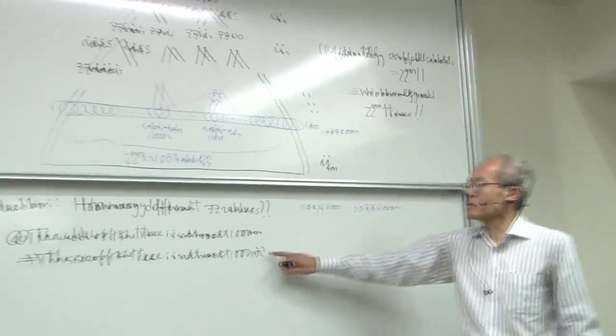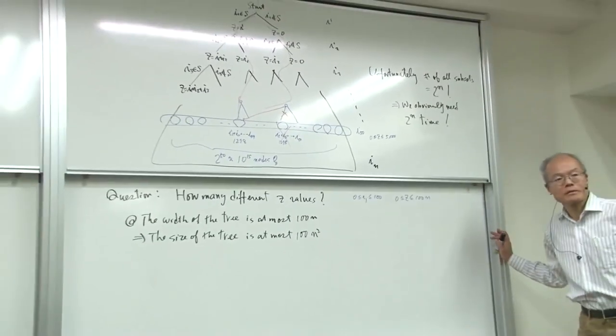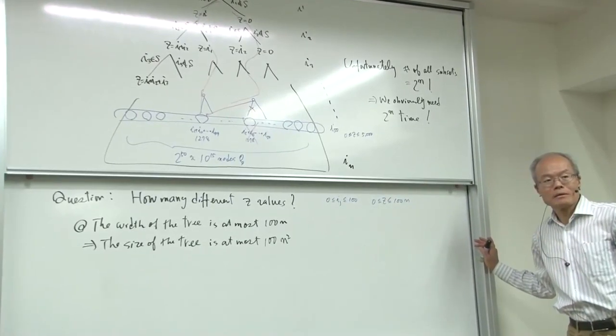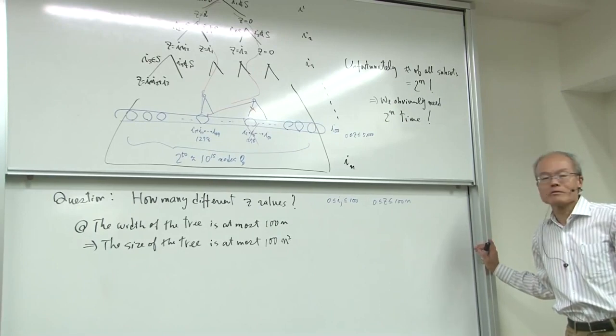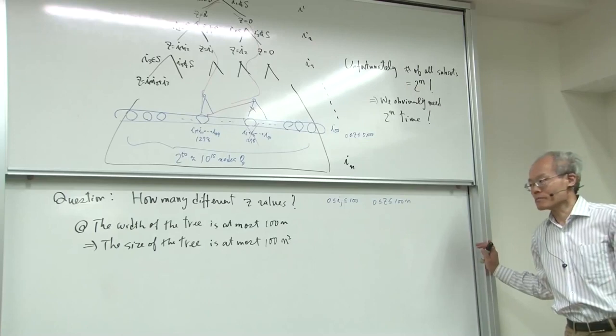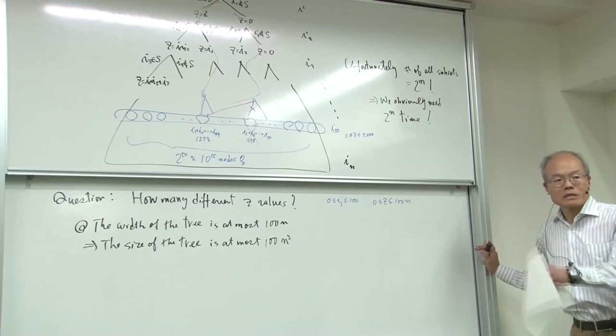Wow, this is not a big number for today's computers. 100 times n squared is a small number. You can do it up to maybe n equal to 1 million, and the computer is very fast. No problem.